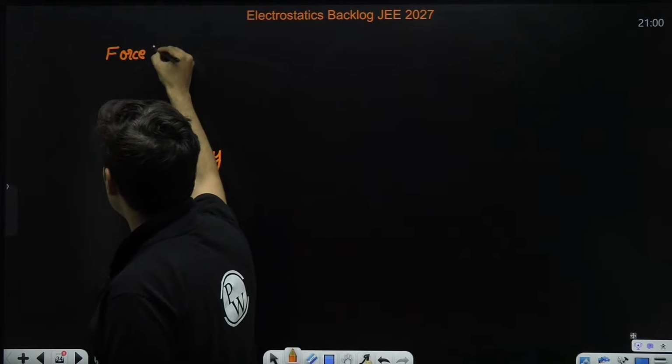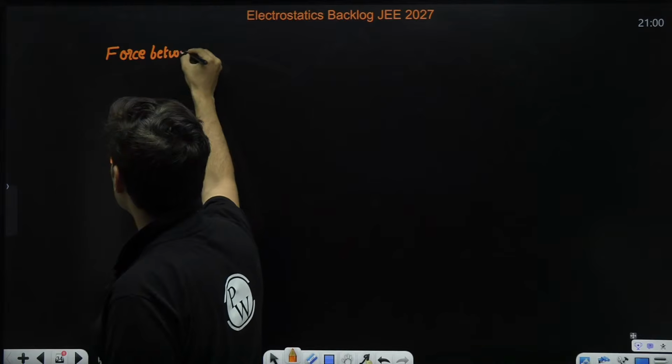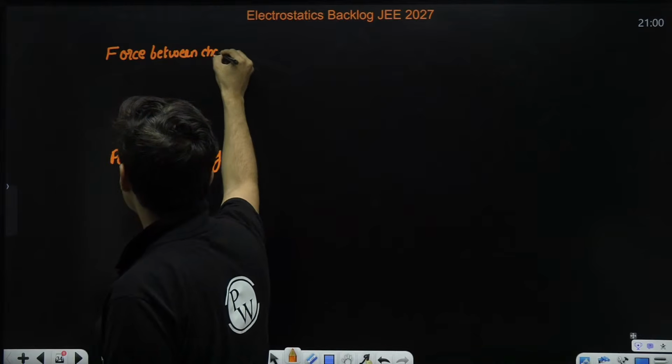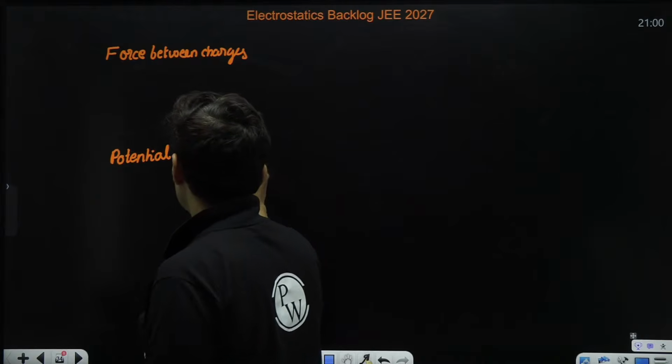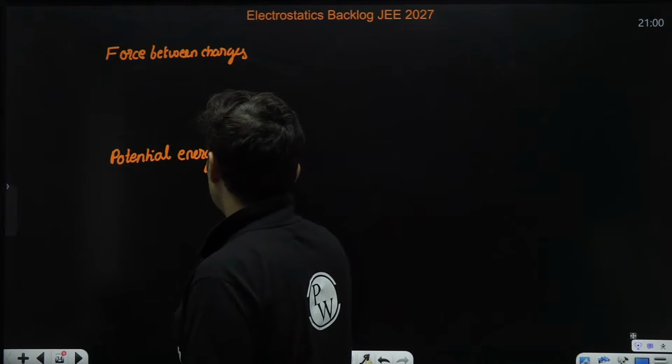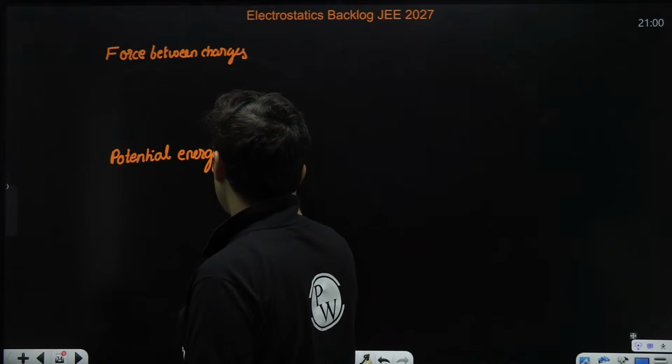This will always be force between charges, and potential energy of a pair of charges.